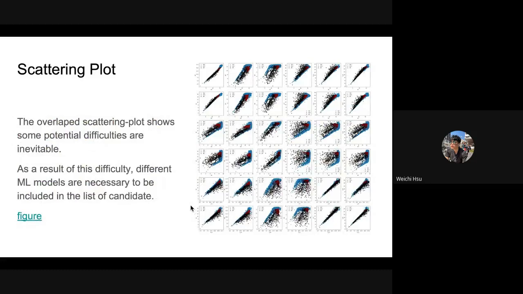And this part is about the scatter plot. We can see the three kinds of objects, galaxy, star, and YSOs, are highly overlapped.